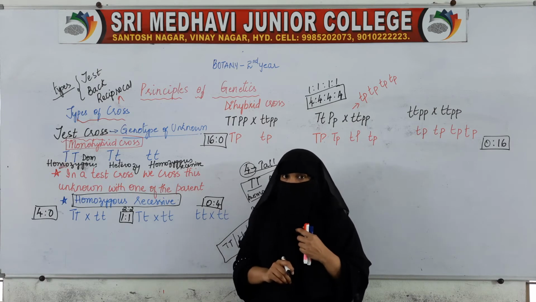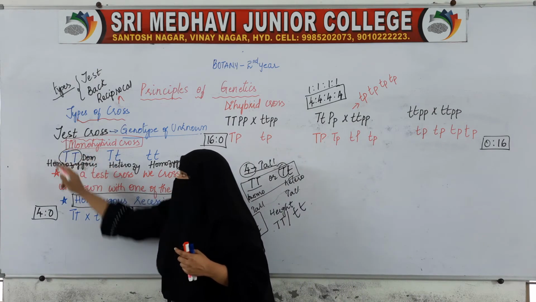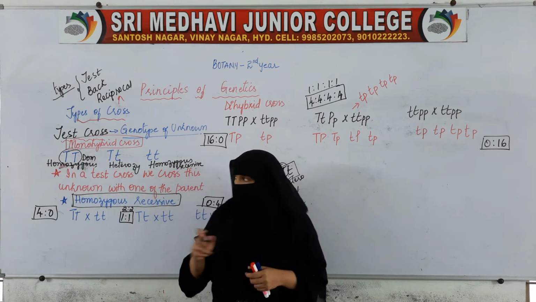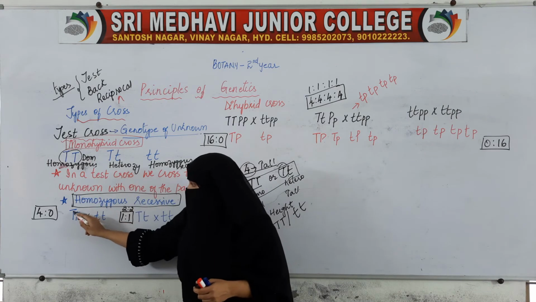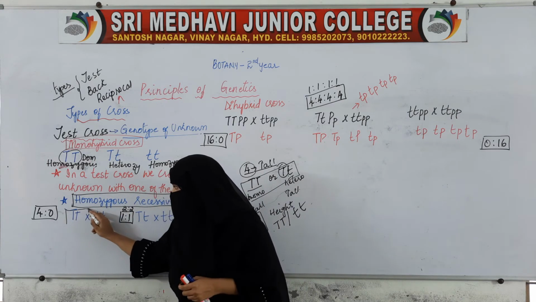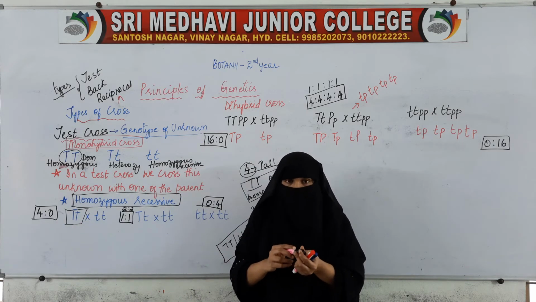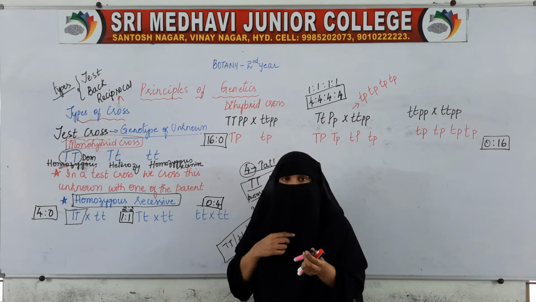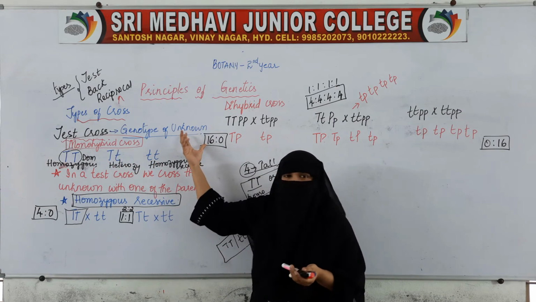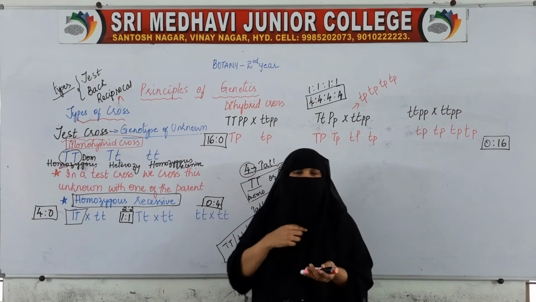For example, there are three possible types, and now we will do all three. First we are taking capital T and capital T. We don't know which one it is. At the end we will be backtracking it, but in order to know this unknown, it is better if we first do this with the known ones.